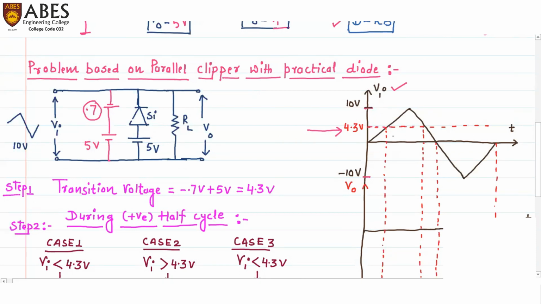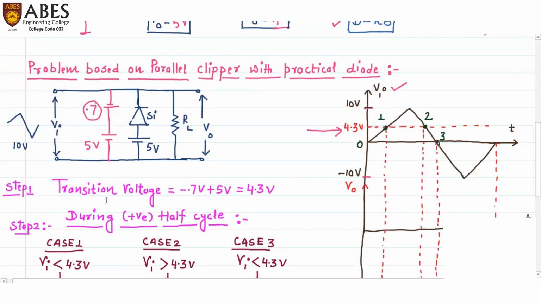Here we can see the transition voltage cuts the input waveform at 2 points, this point and this point. In other words, the positive half cycle is divided into 3 parts: 0 to 1, this is the first part; 1 to 2, the second part; and 2 to 3, the third part. So the transition voltage divides the positive half cycle of the input waveform into three parts: 0 to 1, 1 to 2, and 2 to 3.